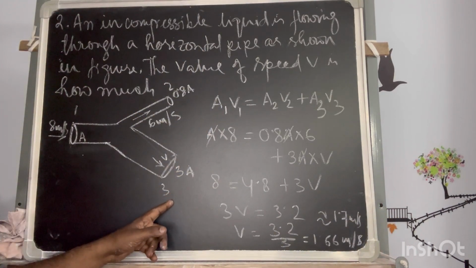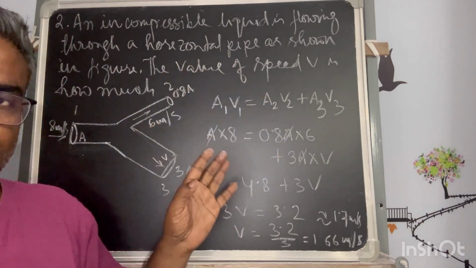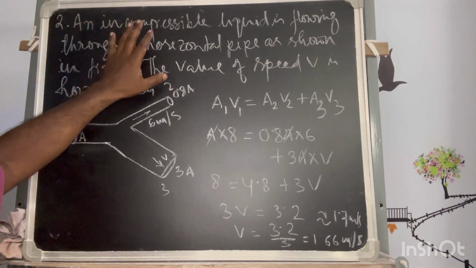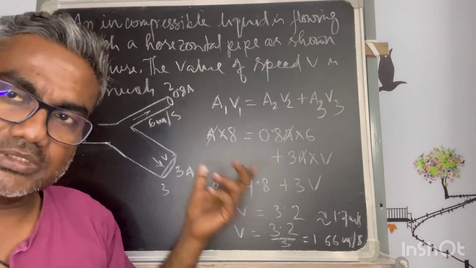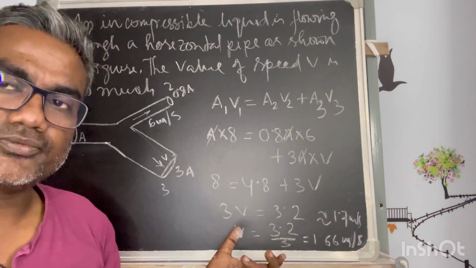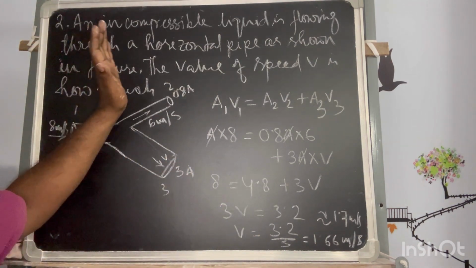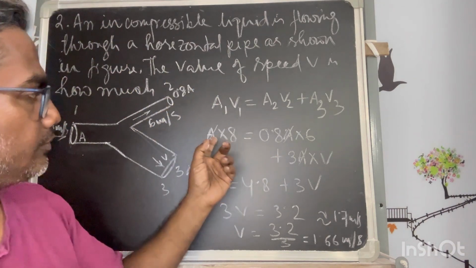So this is an example problem of steady state flow, where we use the continuity equation. You have to remember, all inflow has to be added and all outflow has to be added accordingly.